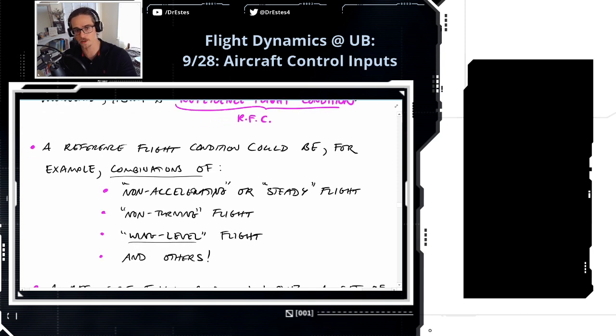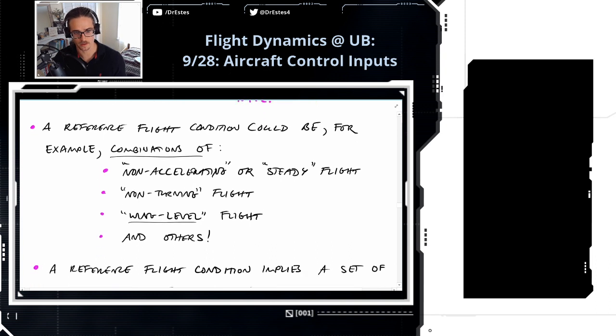But that's all I mean by reference flight condition. We're going to assume some nominal flight pattern. We're going to linearize our equations about that. And then we're going to, using these coefficients, look at how perturbations in our control variables affect the dynamics of this linearized model.